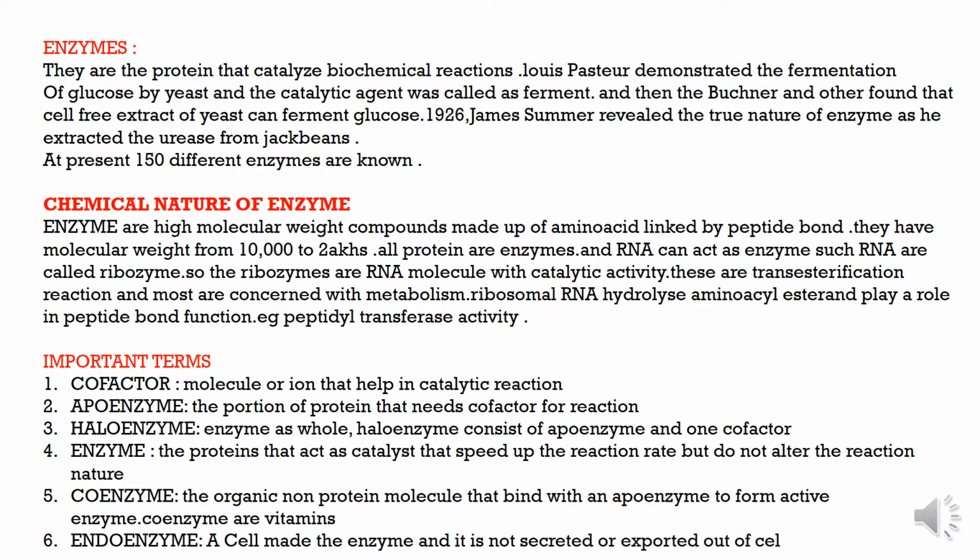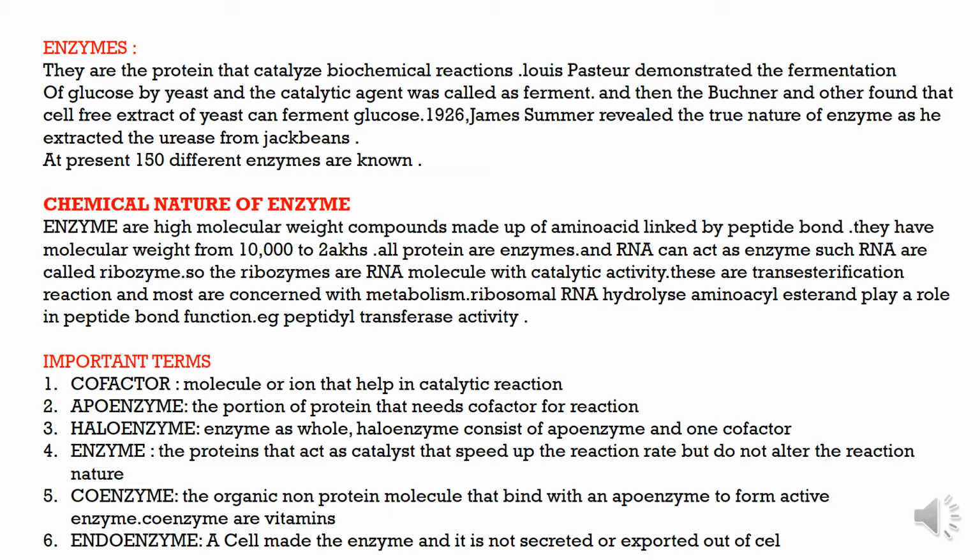Chemical nature of enzyme. Enzymes are high molecular weight compounds made up of amino acids linked by peptide bonds. They have molecular weight from 10,000 to 2 lakhs. Not all proteins are enzymes, and RNA can act as enzymes. Such RNA are called ribozymes. So ribozymes are RNA molecules with catalytic activity.